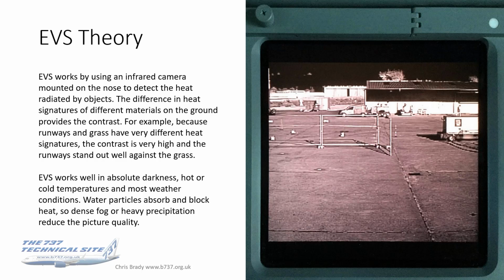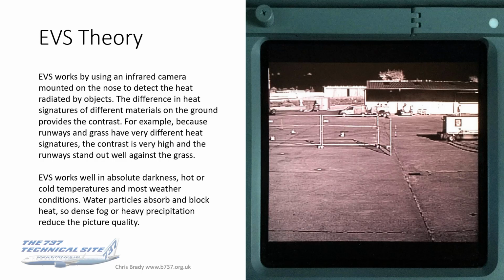This was not low-level flying. This was the aircraft parked on the ground, and this is a view of the lower DU on an NG showing EVS, the Enhanced Vision System.